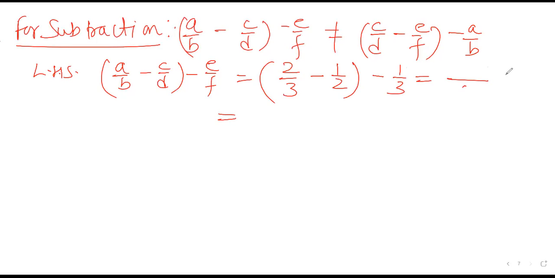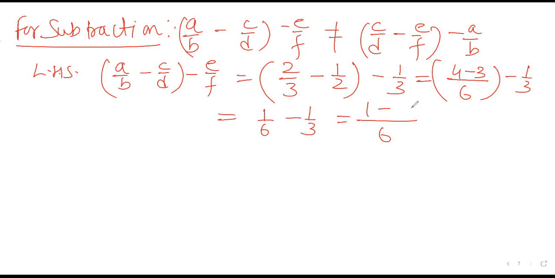LCM will be 6. 2 twos are 4 minus 3, that is 1/6, and minus 1/3. The LCM is again 6, that is 1 minus 2. Simplifying, you get minus 1/6. This is the answer.